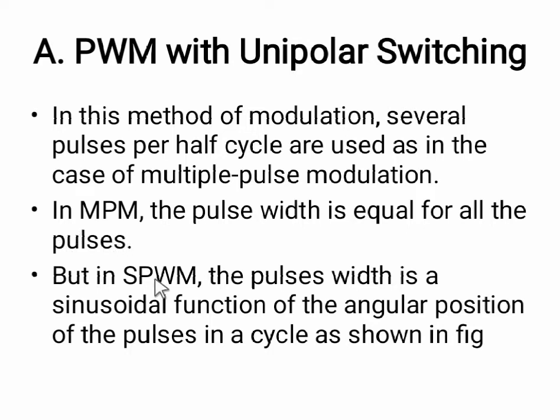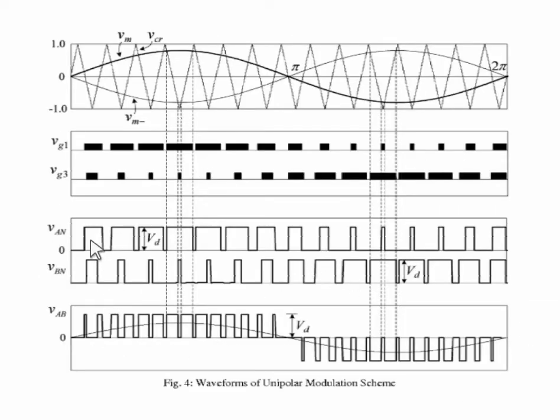But in SPWM, the sinusoidal PWM technique, the pulse width is a sinusoidal function of the angular position of the pulses in a cycle, as shown in the figure. That means there are multiple pulses per half cycle, but the pulse width does not remain the same; it is variable. By averaging these pulses, we get the sine wave.